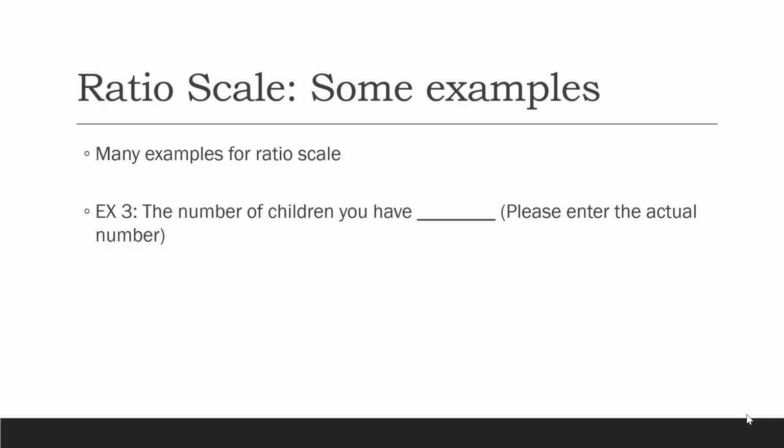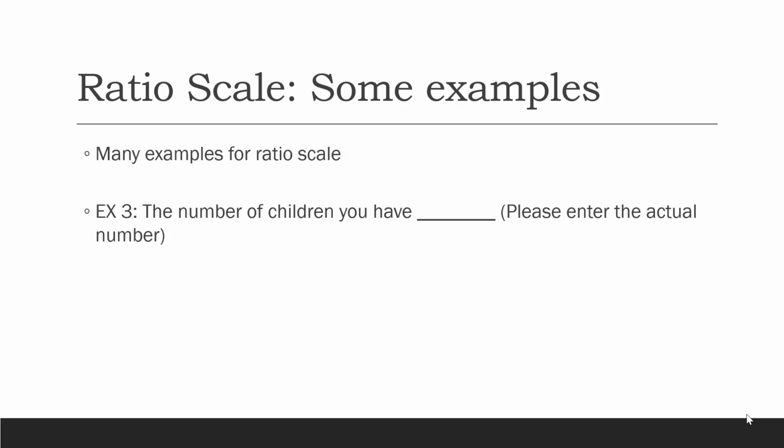The third example, for social researchers, they might want to know the number of children a mother has or a father has or parents have, and they might formulate this item in their research.